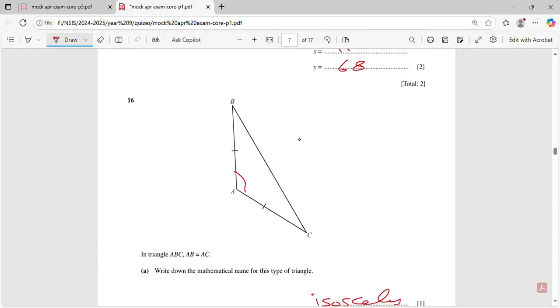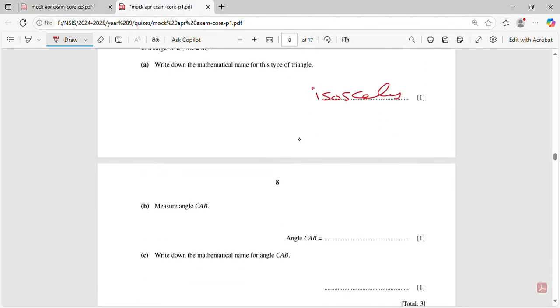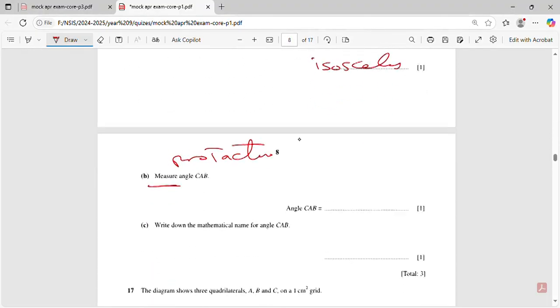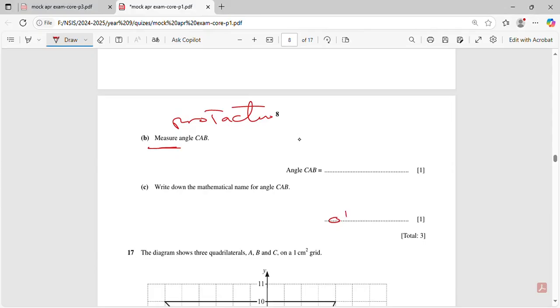He asks you to measure this angle, and as he asks you to measure, you have to use a protractor. You cannot use calculations or algebra. It's only geometric tools. Write down the mathematical name for the angle CAB. We can note that CAB here is an obtuse angle. So I can name it as obtuse angle.